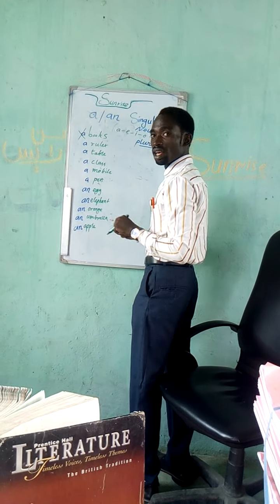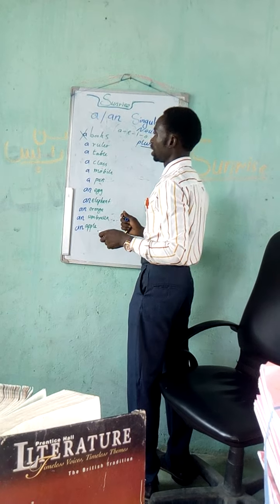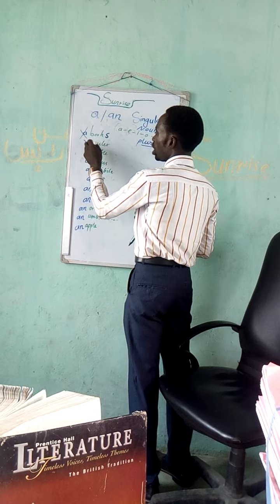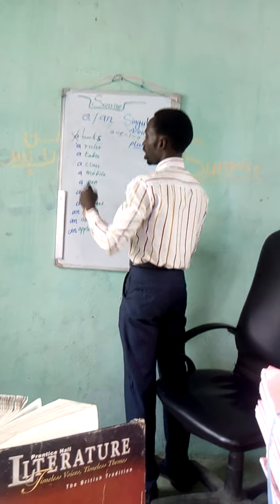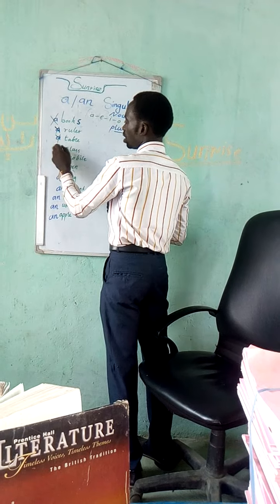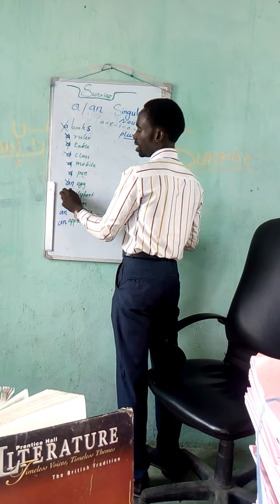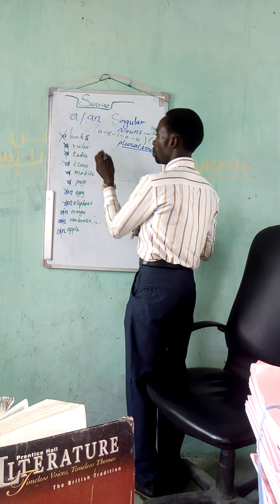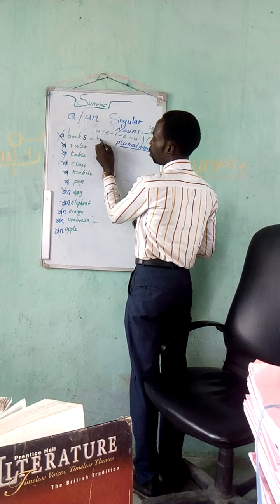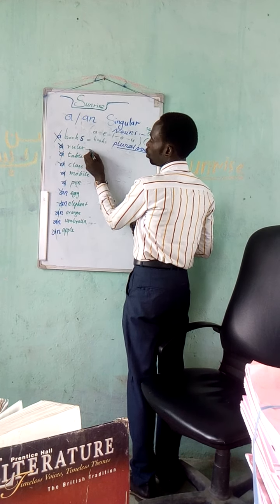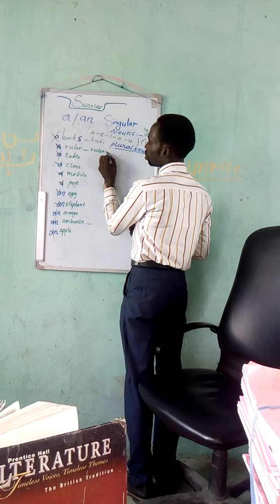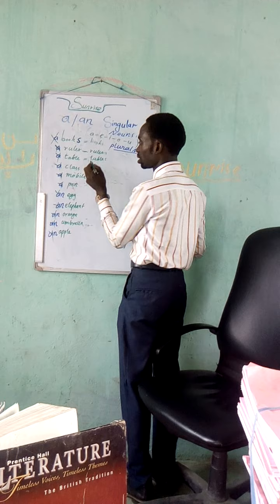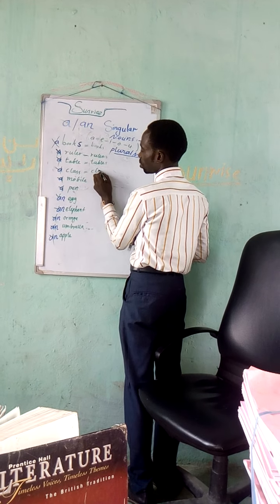So you say a book, it becomes books. We omit this a, we omit this an, and then you can form the plural. Ruler becomes rulers. Table becomes tables. Class becomes classes.